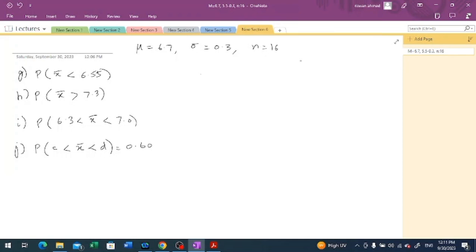So we now get the new values of x bar, in fact old values of x now transformed as new values of x bar. So we will make use of this formula we know.